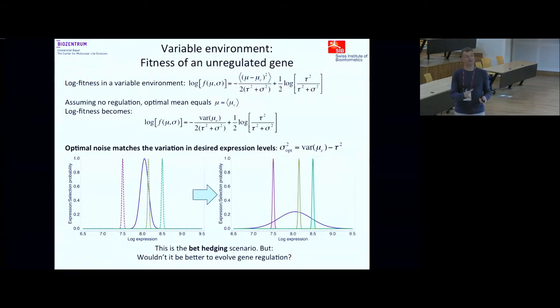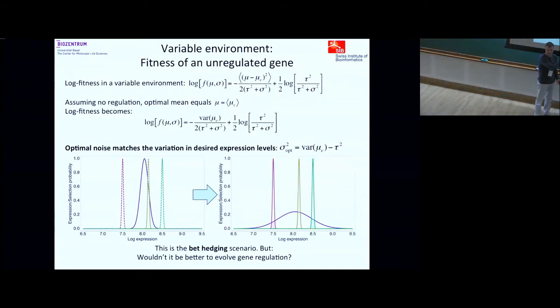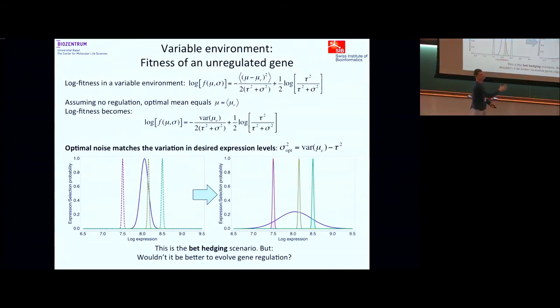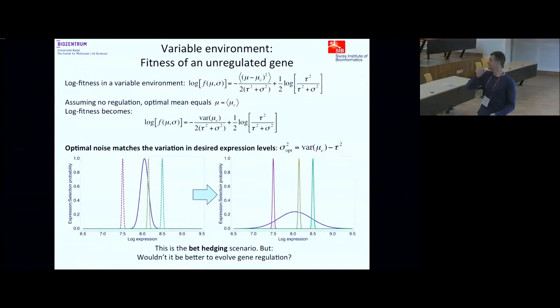All right, so if I have an unregulated promoter, if I don't allow myself regulation, what would be the optimal mean and variance for this promoter? Well, the optimal mean of your promoter is actually the average of the levels that the environment is asking you for. So mu is the average of these environmental target levels.